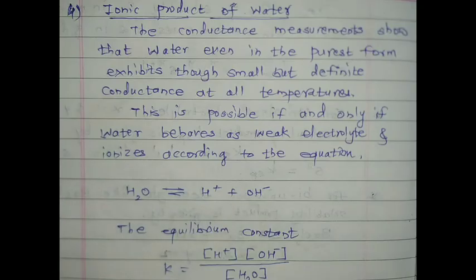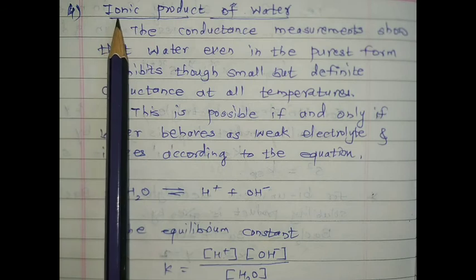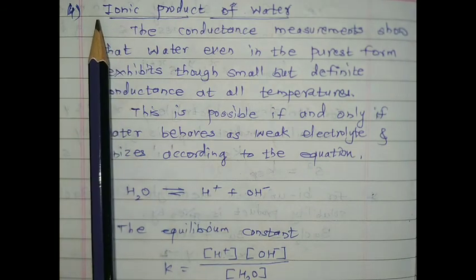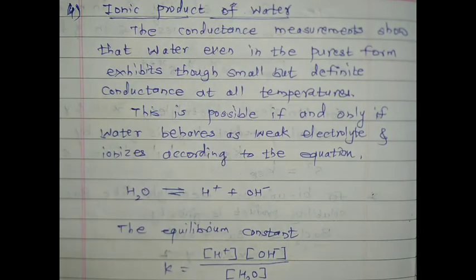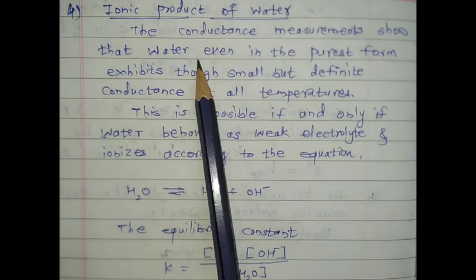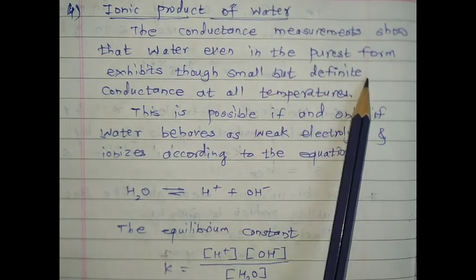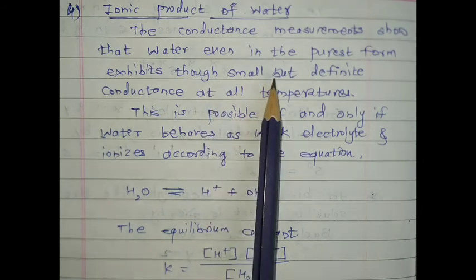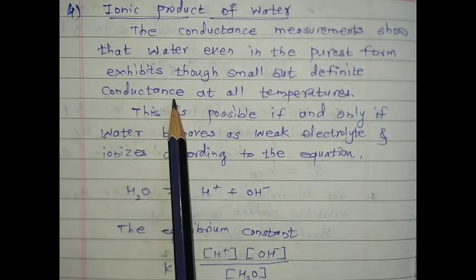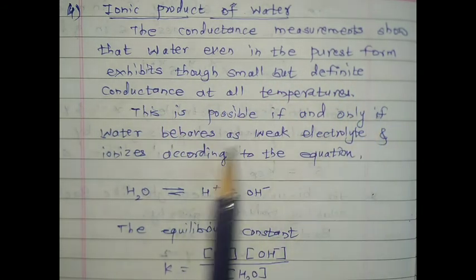Now the last application of conductance measurement is to find out the ionic product of water. The conductance measurement shows that water, even in its purest form, exhibits a small but definite conductance at all temperatures. So water has some definite conductance at all temperatures.